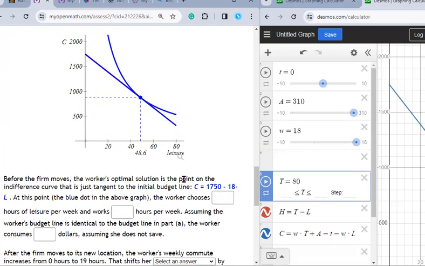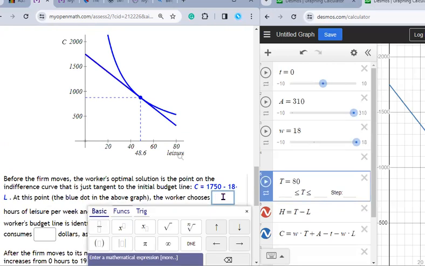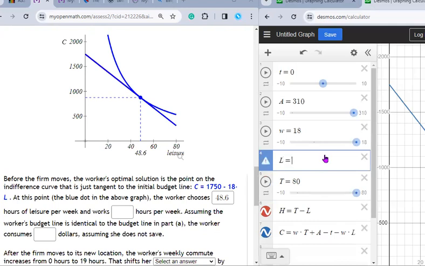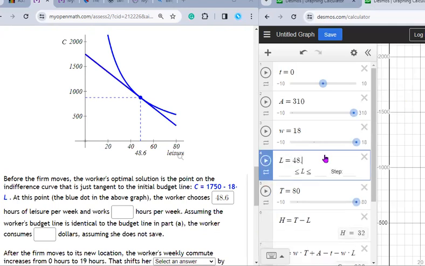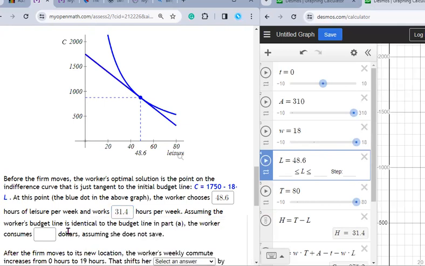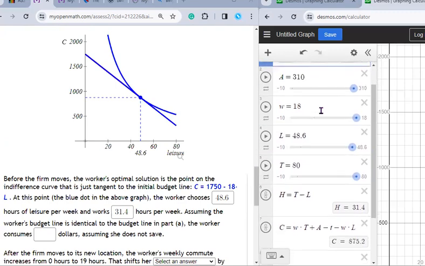And the worker chooses 48.6 hours of leisure. The worker's going to supply 31.4 hours of labor. The budget line is identical to the budget line in part A. So the worker consumes what? The toll is set equal to zero.